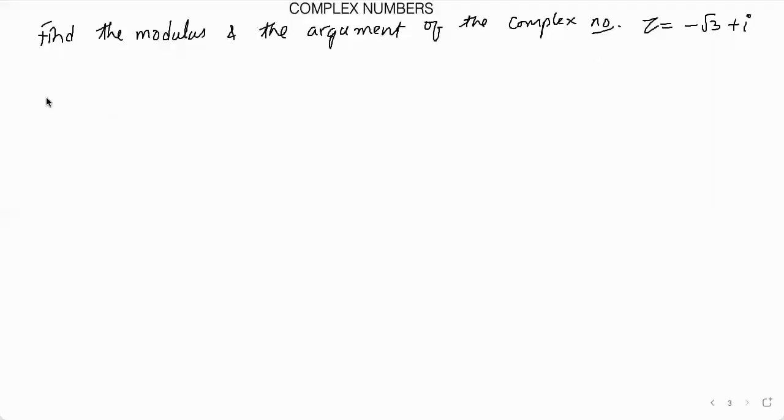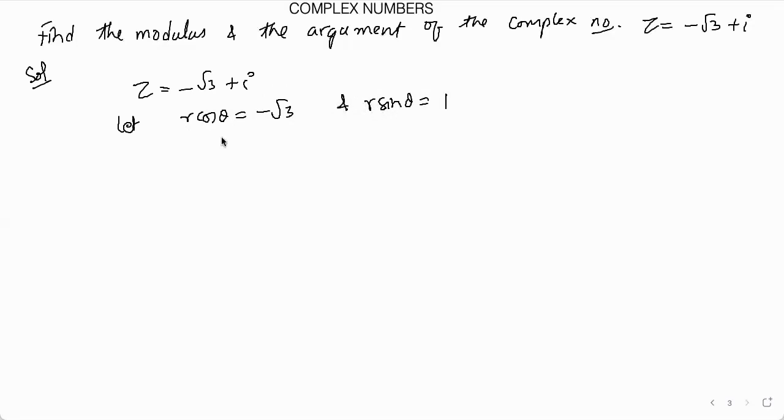Okay, so let us find the solution. z is minus root 3 plus i. So let r cos theta be minus root 3 and r sin theta be 1. Squaring and adding both sides, you get r square cos square theta plus r square sin square theta.